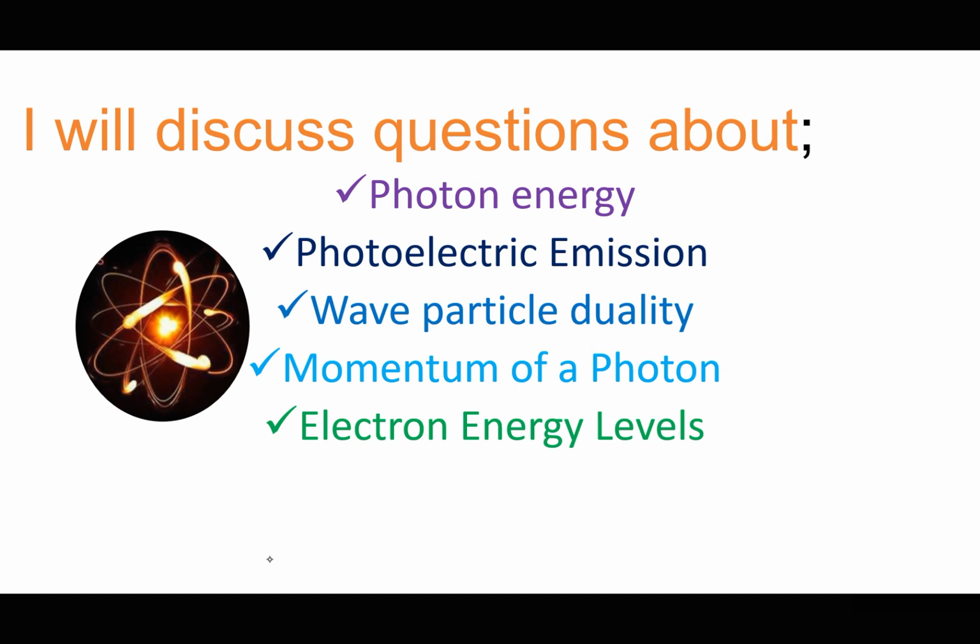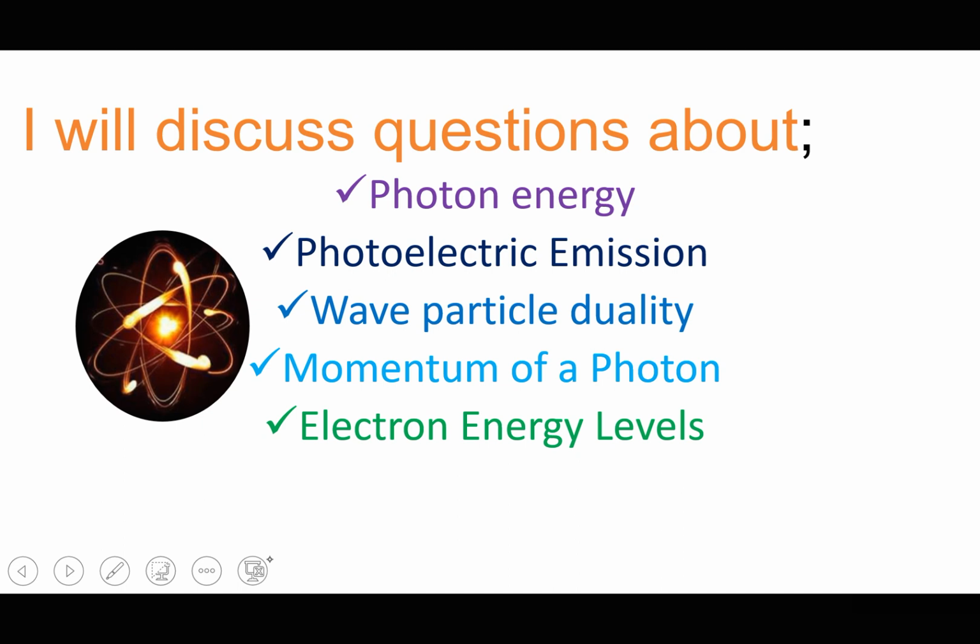Remember, electron energy levels are said to be quantized. In other words, electrons have specific energy levels, as you might have seen in your class of quantum physics. Here we are just going to concentrate on the past paper questions to see how these questions are actually examined. So expect questions about photon energy, photoelectric emission, the wave-particle duality, momentum of a photon, and electron energy levels.